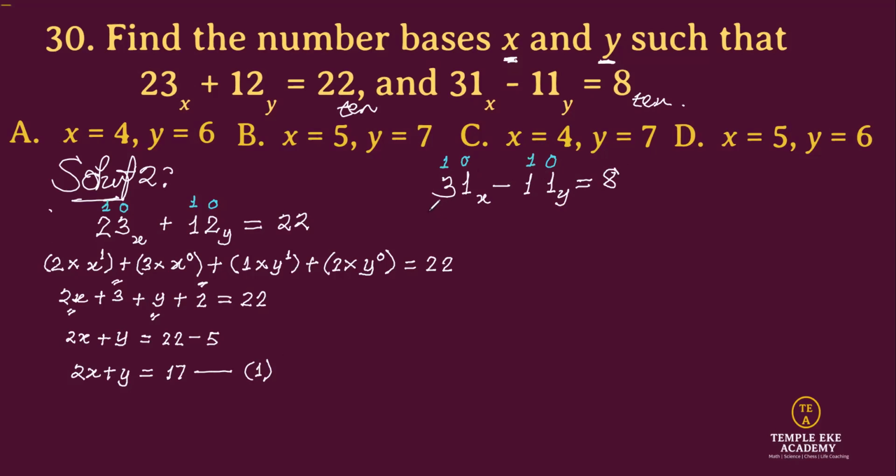We take the first digit, 3, multiplied by the given base x, to the power the number written on 3, which is 1. This we add to the next digit, which is 1, multiplied by the given base x, raised to the power 0. Now, this may be the reason, if you were not able to solve the question correctly.